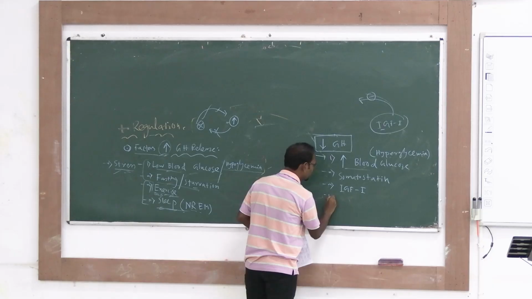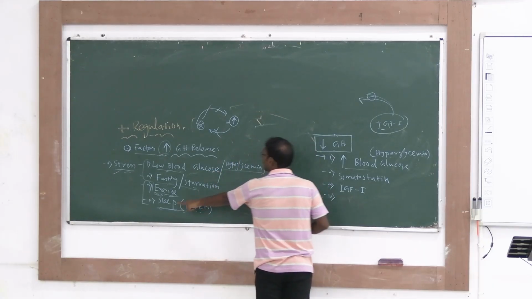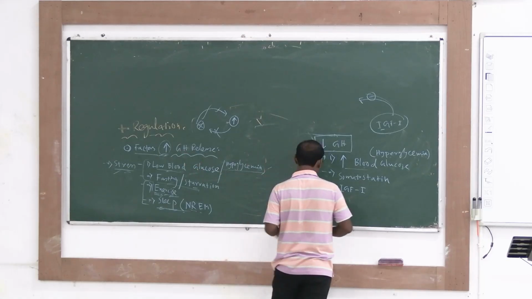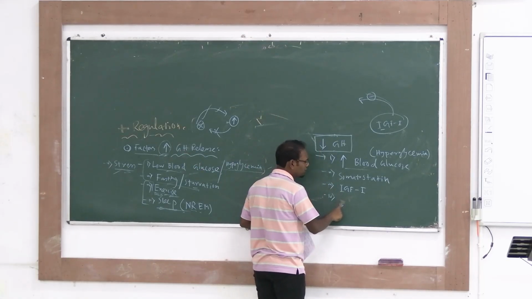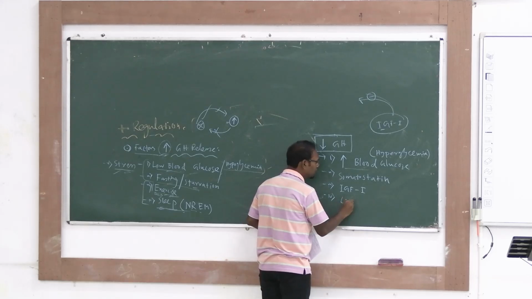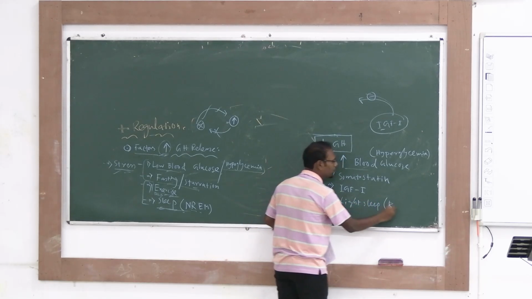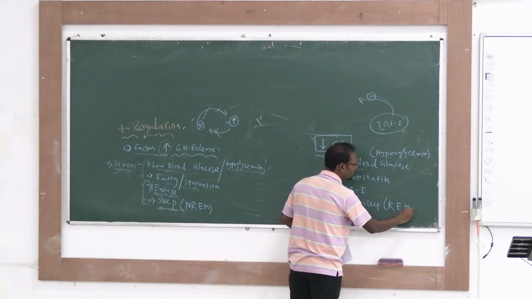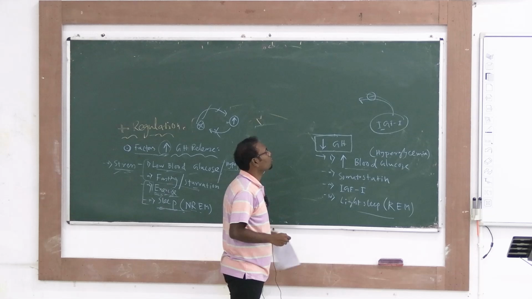Next 4 is your, একটু আগেই বললাম NREM sleep or deep sleep will be increasing your growth hormone release, but light sleep or REM sleep, rapid eye movement, REM sleep will be decreasing your growth hormone release.